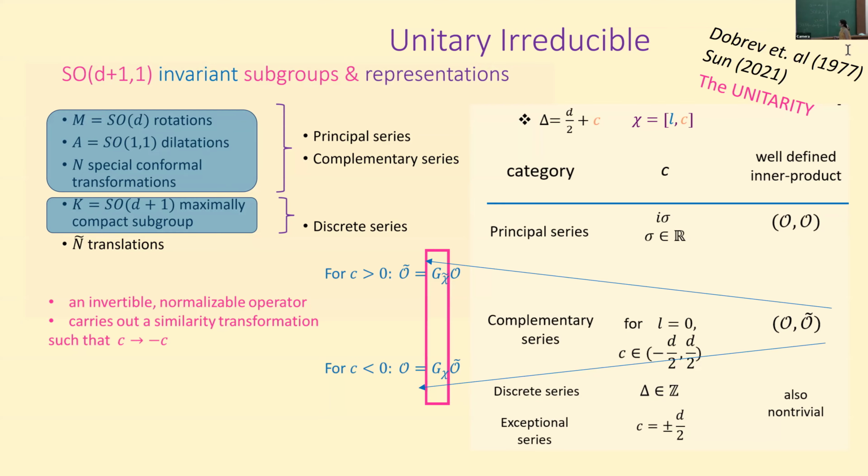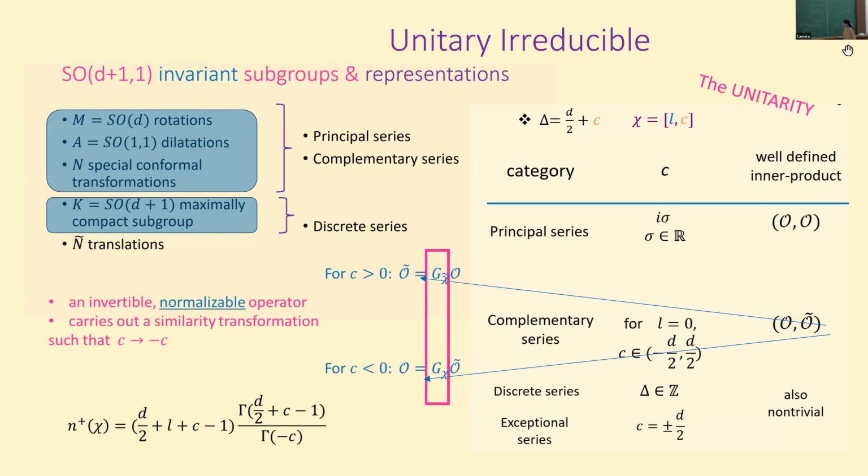In the cases of real scaling dimension, which also have real C, how well-defined these operators are goes with certain regions of C, so you have different intertwining operators in each of these categories. Being able to define these intertwining operators as maps between functional spaces is what gives you the categories.